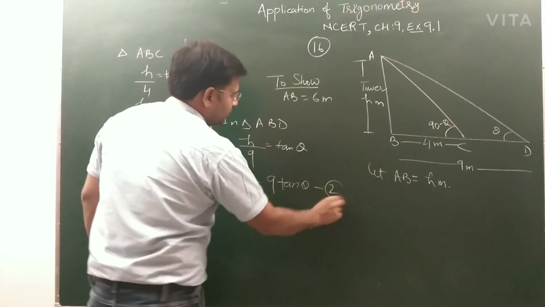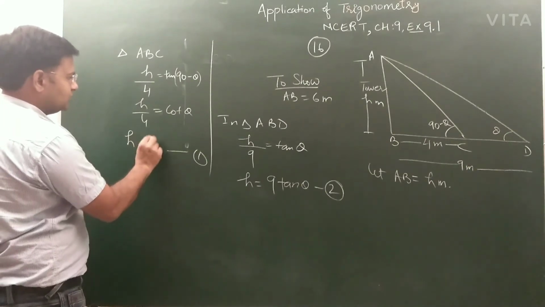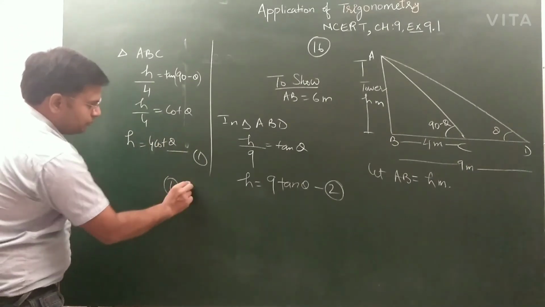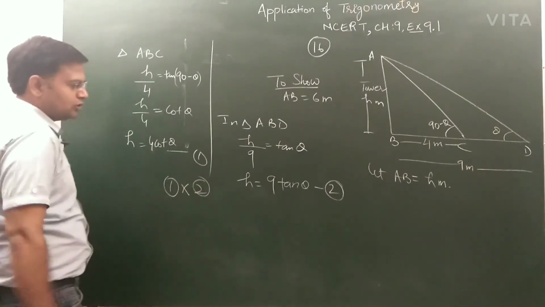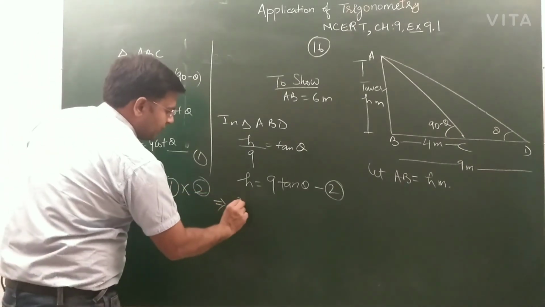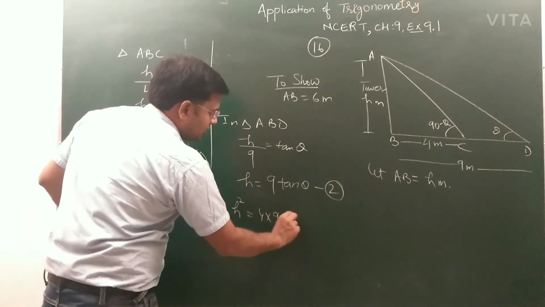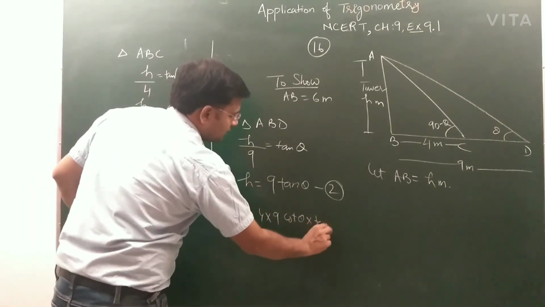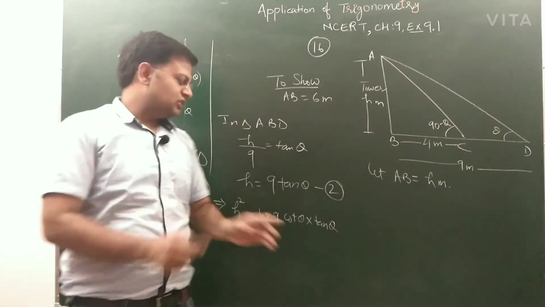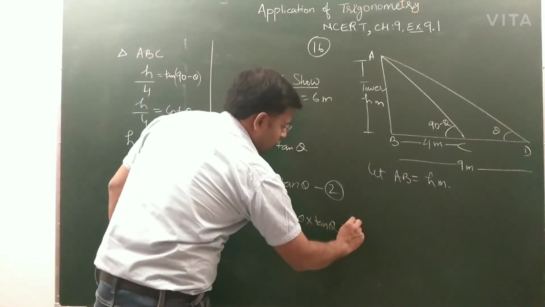Mark this as equation 2. Now multiply equation 1 and equation 2. h into h becomes h square, equal to 4 into 9 into cot theta into tan theta. You know that cot theta and tan theta are reciprocals of each other, so they cancel each other. So h square is 36.